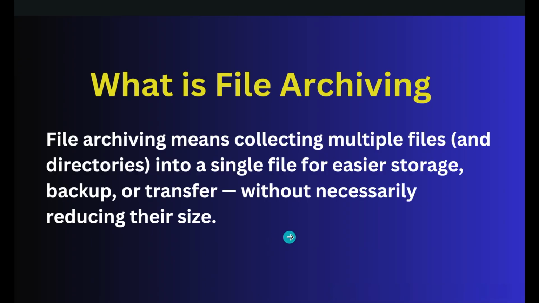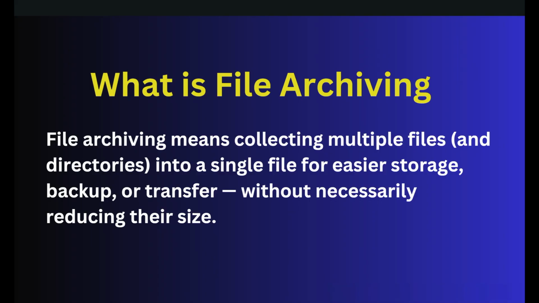In this case, we have to use file archiving, which means collecting multiple files and directories into a single file for easier storage, backup or transfer without necessarily reducing their size. So we can convert multiple files or directories into a single file.